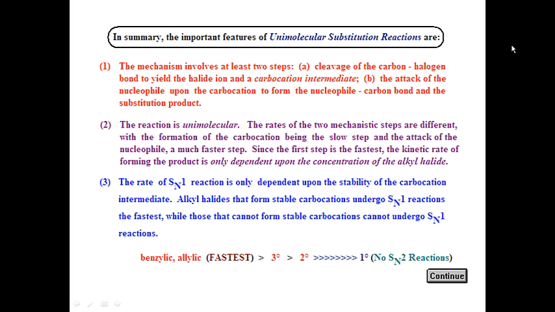But basically, the more stable the carbocation, the faster the reaction. So tertiaries react fastest, then secondaries, and primaries, since they don't form carbocations, don't undergo an SN1 mechanism. They only undergo SN2.